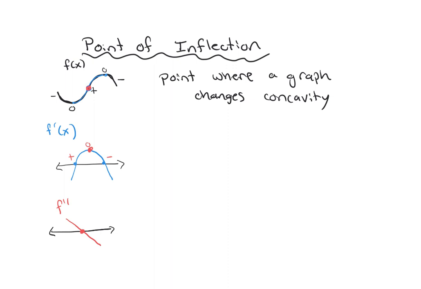The point of inflection here on f of x is a maximum point on f prime of x. It's a 0 on the second derivative, where the second derivative is changing from positive to negative. So a point of inflection, the point where a graph changes concavity, is where the second derivative changes signs.